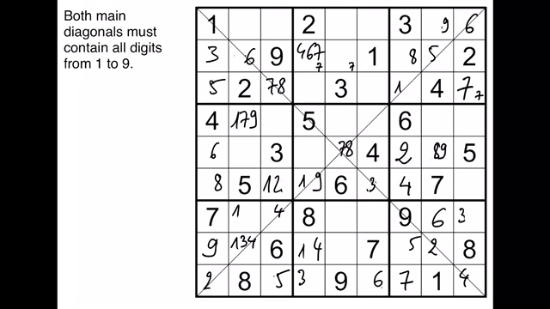This is a 1, this is a 4, this is a 3. That's not a 1. We're getting there. We need a 4, and it's not here. So it's here. This is 7 or 8. We need a 5. We don't have it. This is not. This is a 4-7 pair now.